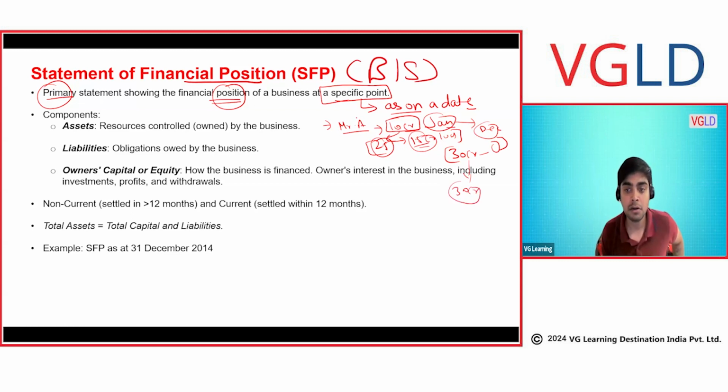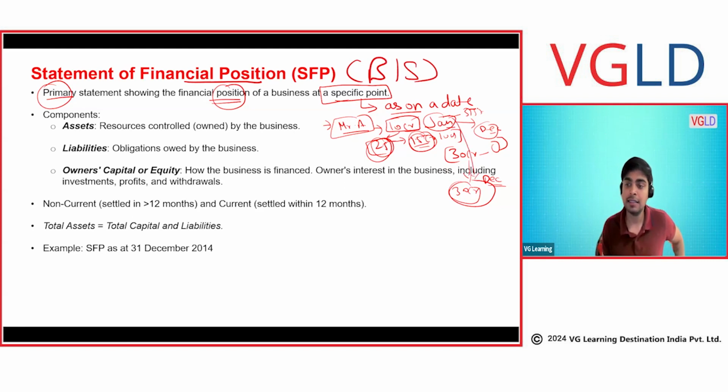So if I talk about the wealth or the net assets of Mr. A as on the January date, let's say 31st January, his net assets were 10 crore, consisting of 25 crore assets and 15 crore liability. But now at December date, his net assets are basically 30 crore. So the net assets had changed from one point of time to another.